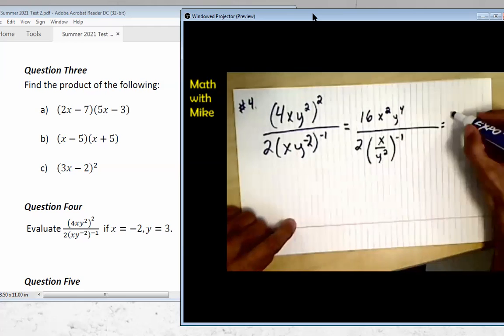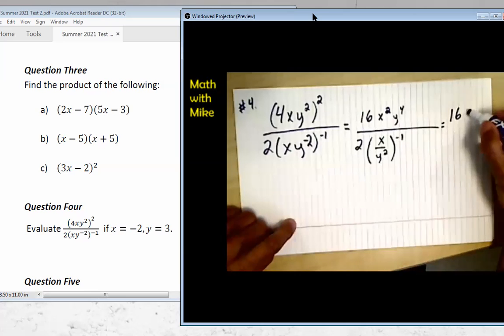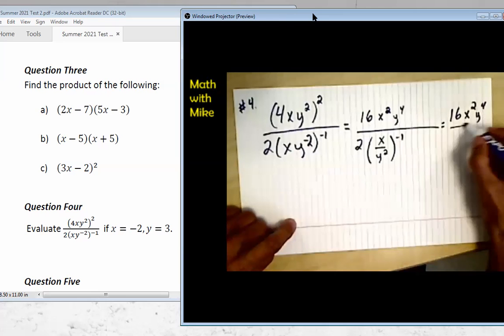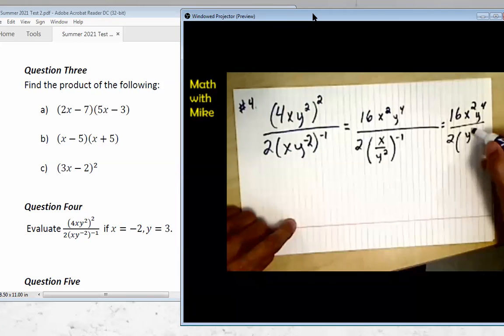So it's going to stay as 16x squared y to the 4, all divided by 2. And then switching these, the y squared goes to the top and the x goes on the bottom like that.